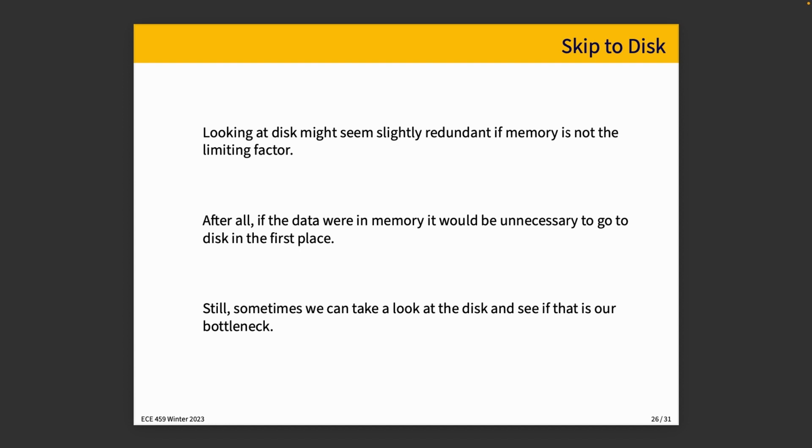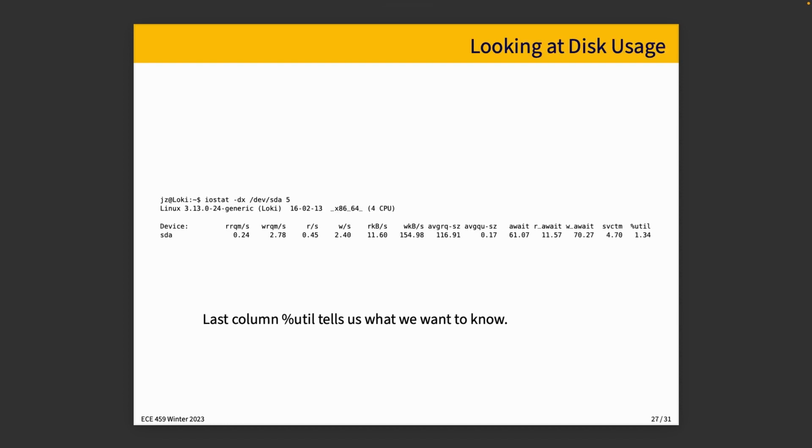So let's talk about, say, the hard drive. Looking at disk might seem a little bit redundant, given we've considered whether memory is a limiting factor, because, well, if memory is big enough, we don't need to go to disk at all for some of these things. But we can take a look to see if that is in fact our bottleneck.